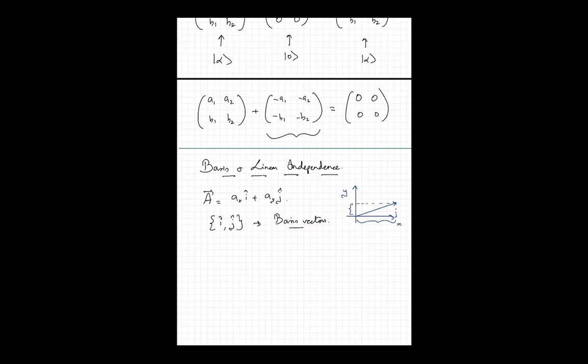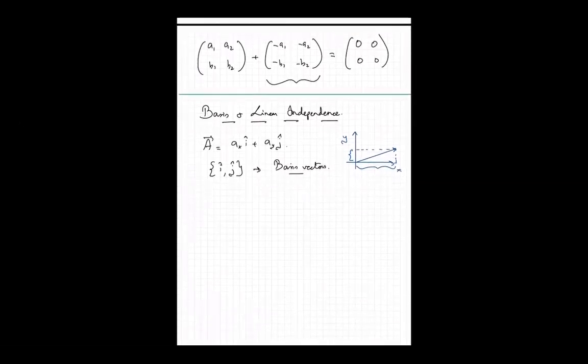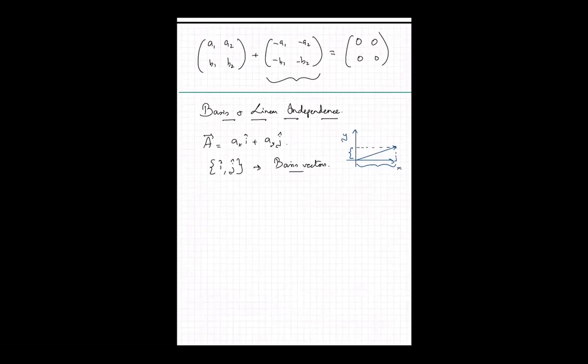That is the definition of components. So the basis vectors help us to write every vector as a linear combination of them. Okay. In our general notation, we will also use the concept of basis vectors. Just as I write A vector is AXI plus AYJ, I should be able to write down a set of basis vectors which I will call EI.